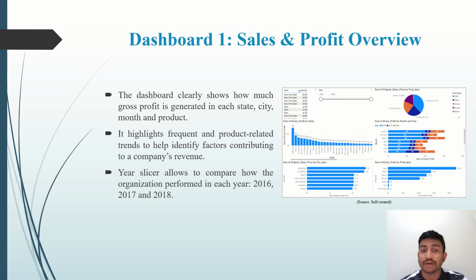The slides allow you to compare how the organization performed in each year: 2016, 2017, and 2018. As you can see on this chart, the start is very high and gradually the chart grows lower. Different charts give you different kinds of information.